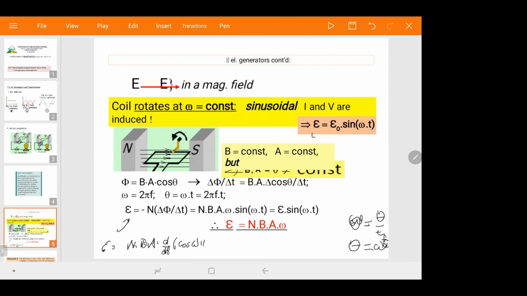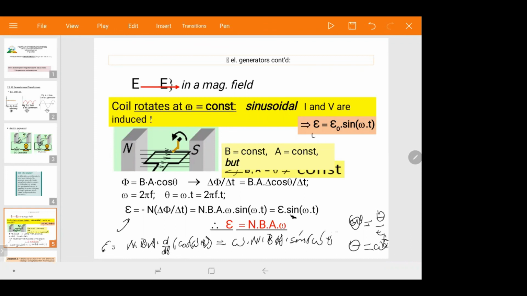Theta is omega times t. So mathematically, when cos is differentiated, it gives you sine. And omega comes out of the term as well. So you get omega times N times B, and when this thing is differentiated, there's a minus sign in front, it gives you a plus. So you get omega times N times B times A times sine of omega t.